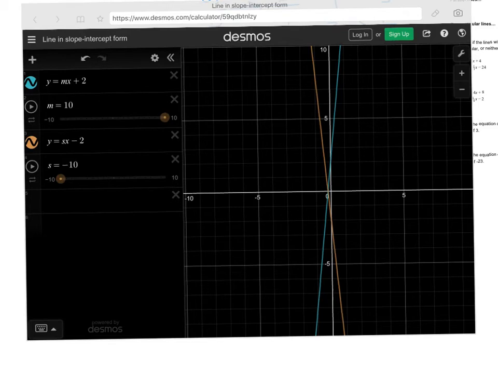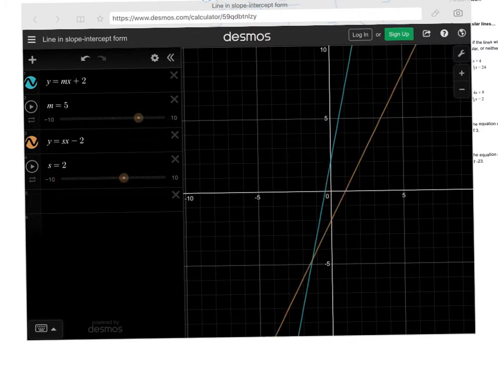I mean, they can still be parallel with different y-intercepts. No, the y-intercept here is positive 2, here is negative 2. 5 and 2.5. Okay. Well, I can't do 2.5 because I set it to be in increments of 1, so I can't do 2.5. You gotta do 5 and 5. Do 5 and 5? Let's try that. Okay. So those look parallel, right?